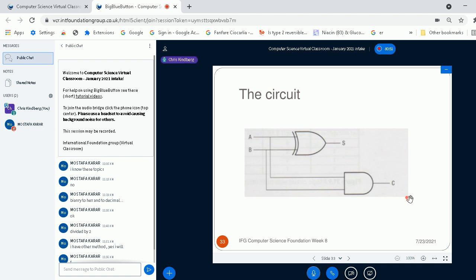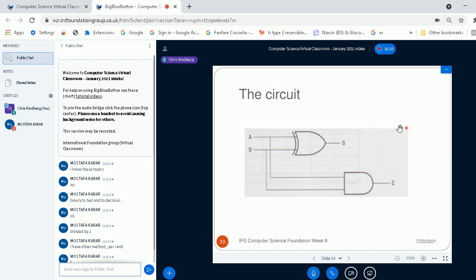And to me, that is quite interesting. You're using pure logic to compute the result of adding two bits of information together.